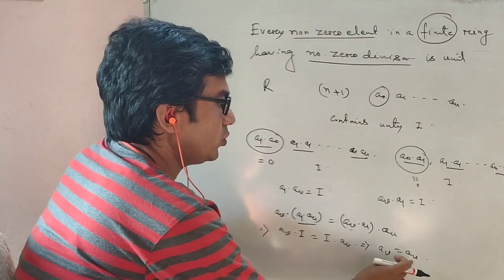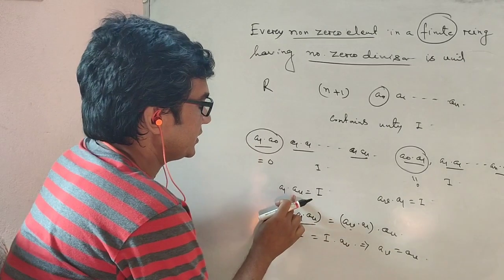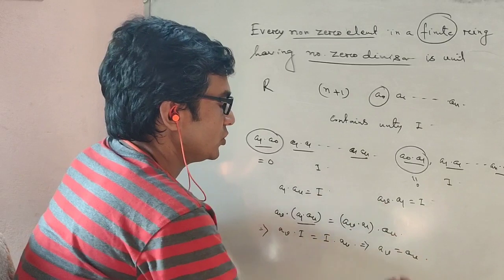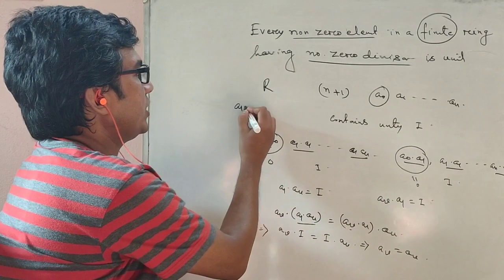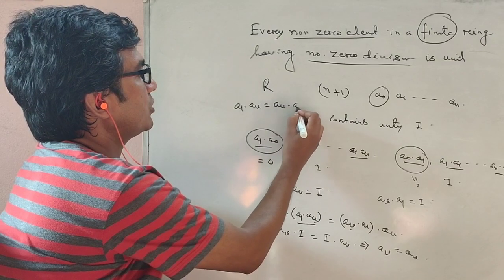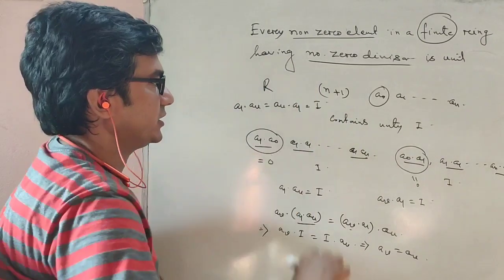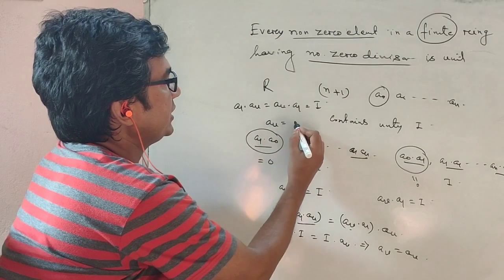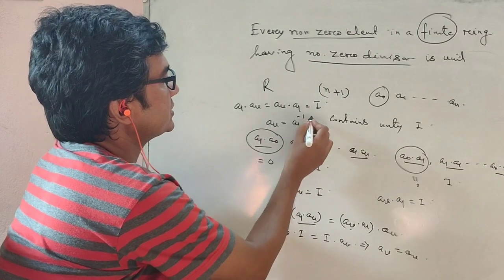If Ab equal to Au, then this is Au and it is also Au. So A1 dot Au equal to Au dot A1 equal to I. So Au must be A1 inverse.